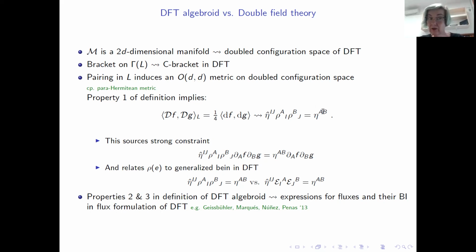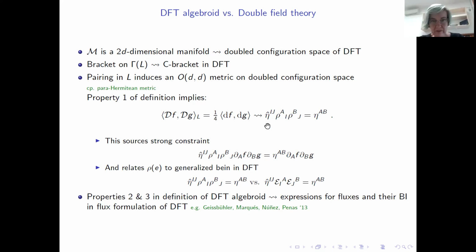So I introduce an O(D,D), constant O(D,D) metric on the target, and for those who read something about parahermitian geometry of double field theory, it's just this parahermitian metric, which is induced by the pairing on the bundle.